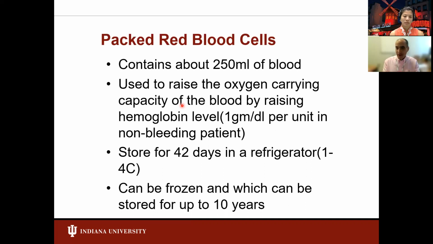There's a little bit of variation depending on how big somebody is and some other factors, but on average we look to raise that hemoglobin level by 1. That unit of blood can be stored for about 40 days at a low temperature, a little bit above 32 degrees Fahrenheit, so it's in a refrigerator for that time.